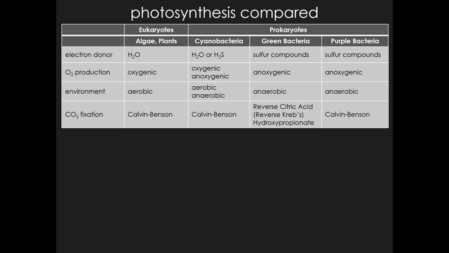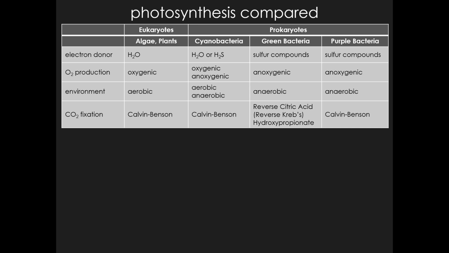So of the eukaryotes, which include algae and plants, all of them utilize water as an electron donor and produce oxygen. And because they produce oxygen, they live in an aerobic environment and they all use the Calvin-Benson cycle to fix their CO2. Of the prokaryotes, we have the cyanobacteria, the green bacteria, and the purple bacteria.